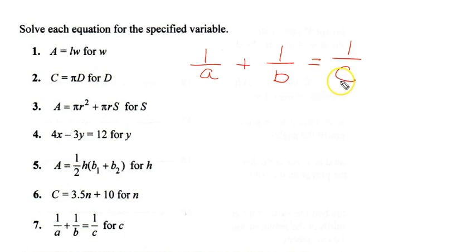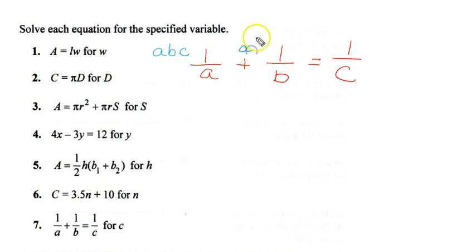Now here we're asked to find what c is, but c is in the denominator. Now we do this, and I'll change colors so we can see it a little bit better, by multiplying each term by the lowest common denominator to eliminate fractions. And our lowest common denominator here is a, b, c.